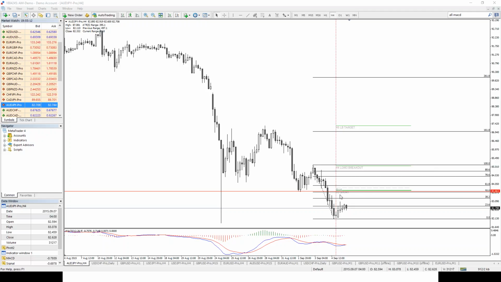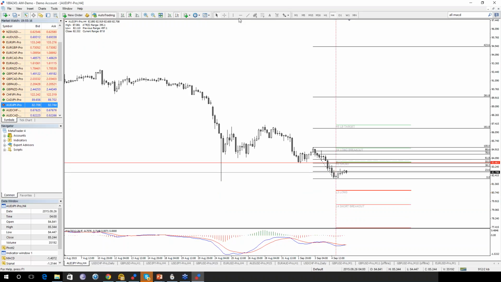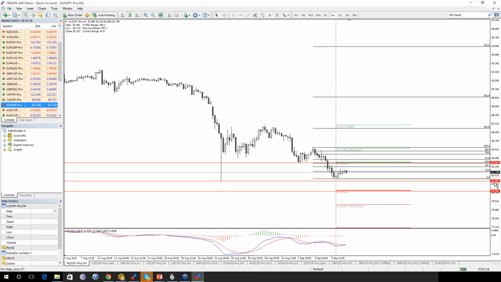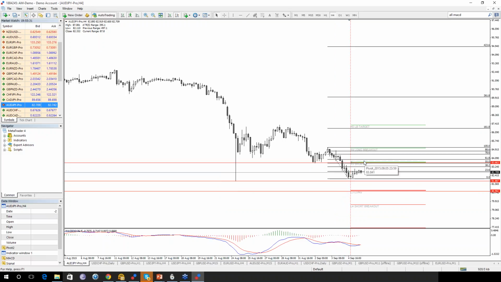Okay, this is it. Australian dollar yen is targeting this level here. But first, it needs to break. Here you can have a breakout setup if it breaks this level, 81, 80, 90. You can have a breakout setup here, and you can have a trend setup at this point.